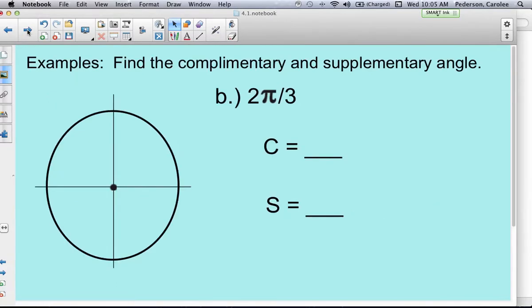All right, find the complement and supplement of 2 pi over 3. So let's think about graphing it first so we can visualize it. So let's talk about splitting up this top half, the first 2 quadrants, into how many pieces? 3.